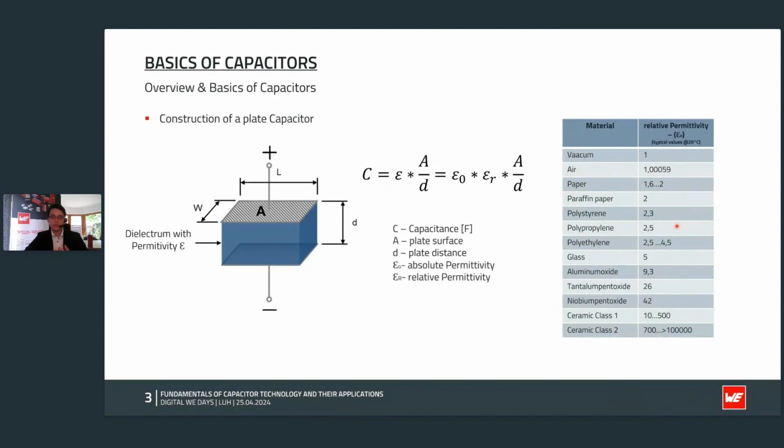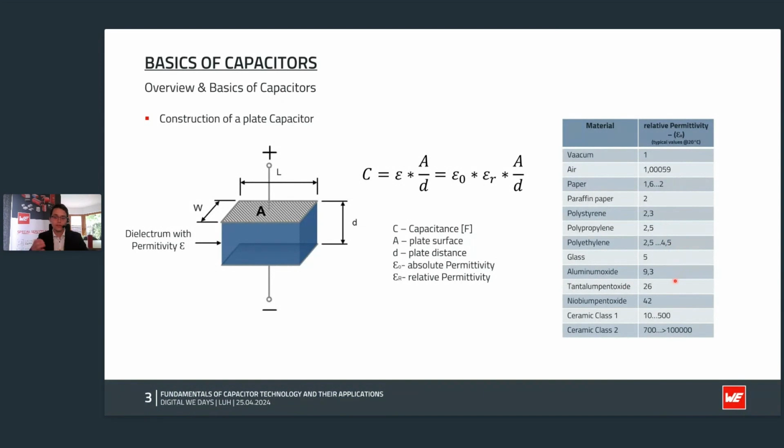If you go a little bit more into detail and discuss, for example, aluminum electrolytic capacitors, these are more or less based on aluminum oxide, and this material has an epsilon r of 9.3. This means in the end that you have like 4 times the capacitance for the same volume compared to polypropylene capacitors.